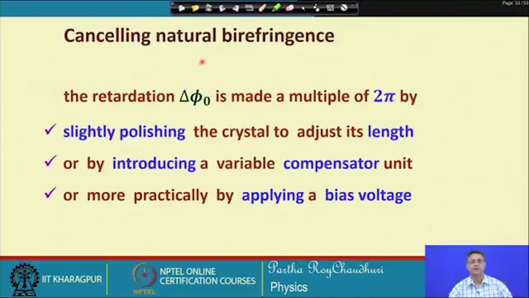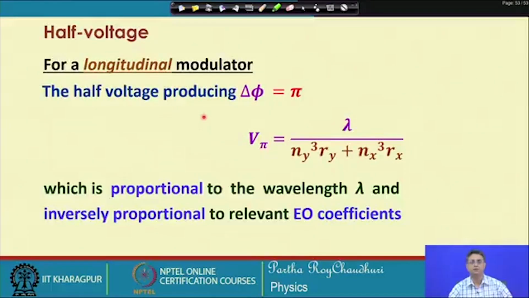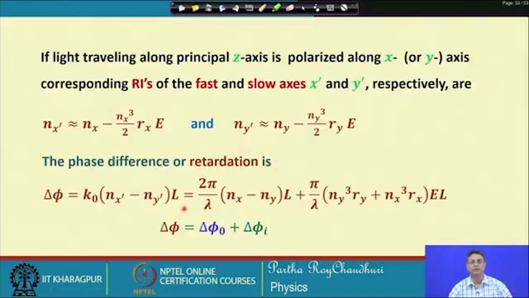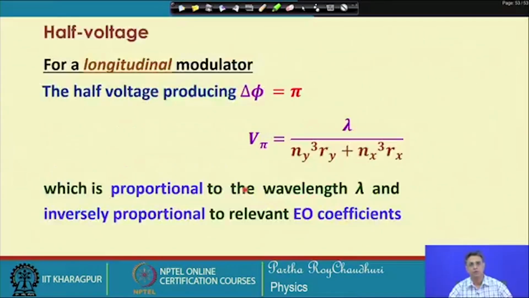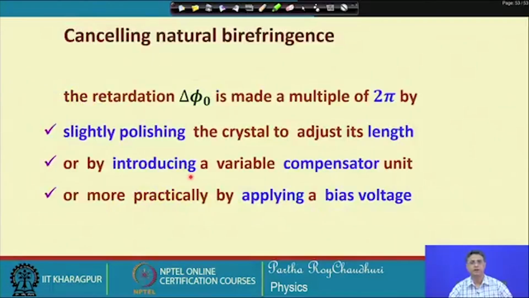Now, one important requirement is that, to make the birefringence just proportional to the applied voltage, we need to cancel this natural birefringence, which can be done by optical biasing or by applying a bias voltage.